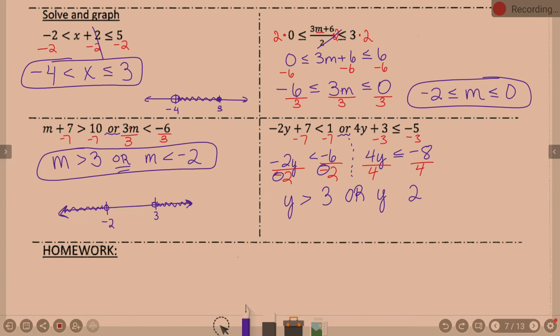What's a negative divided by a positive? Negative. Do I keep the sign or flip the sign? I'm dividing by positive 4 here, so I keep my sign. So y greater than 3 or y less than or equal to negative 2.